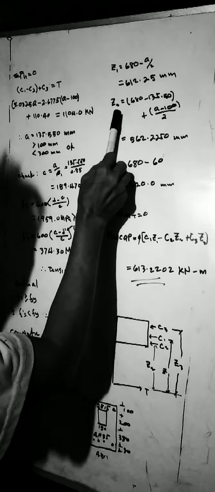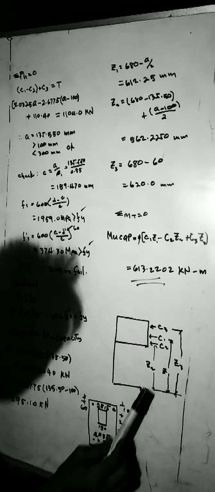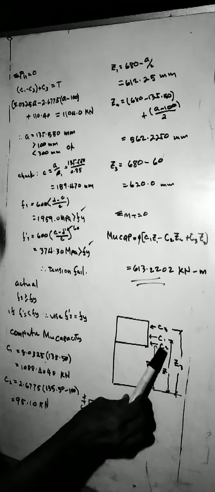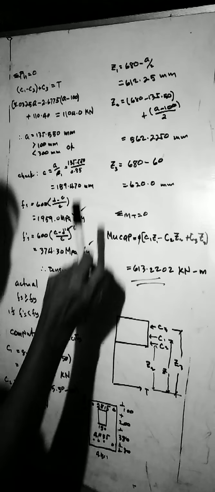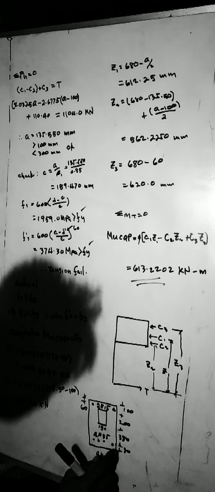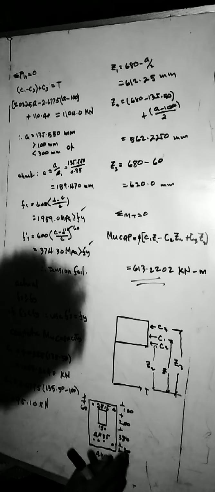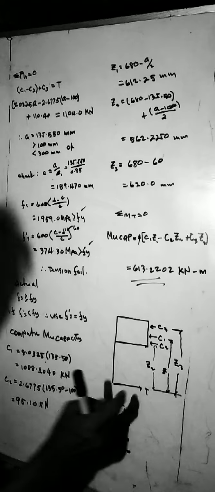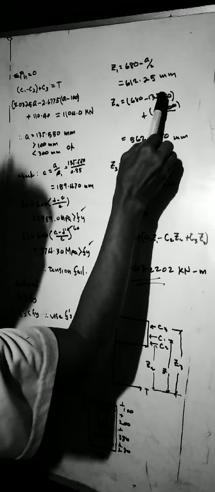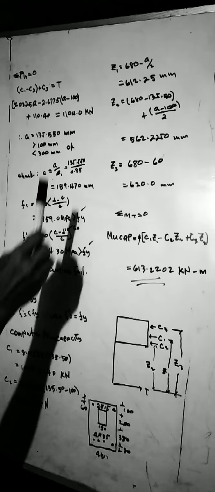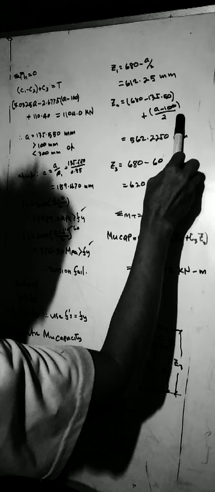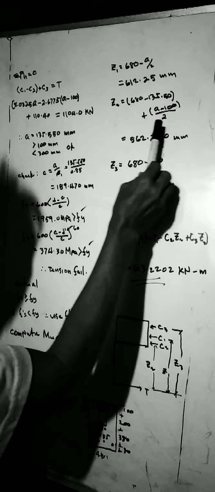For Z2, the distance of this C2, it is 680, from here up to here, 680 minus the value of a, plus a, minus 102.